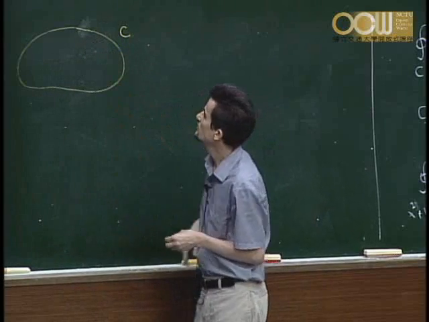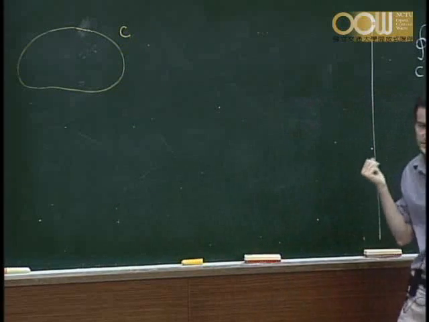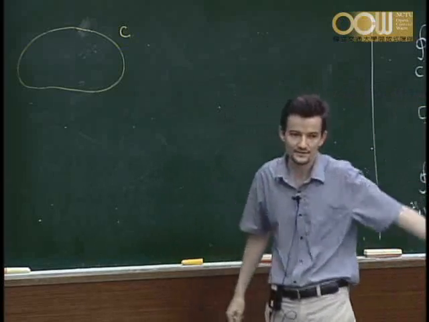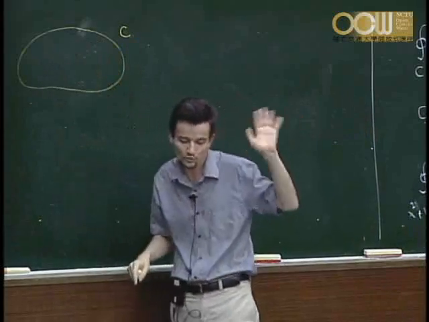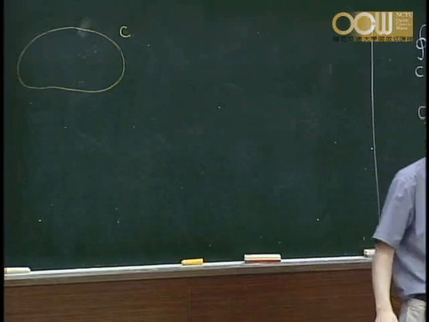The way we define positive is if you stretch out your left hand, then the left hand will point towards the region which is enclosed by the plane curve.